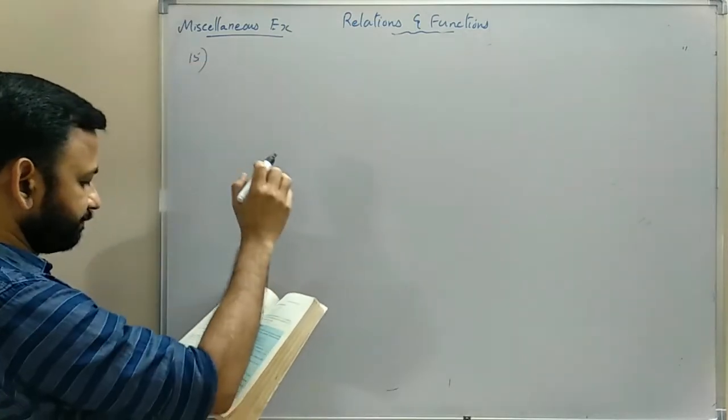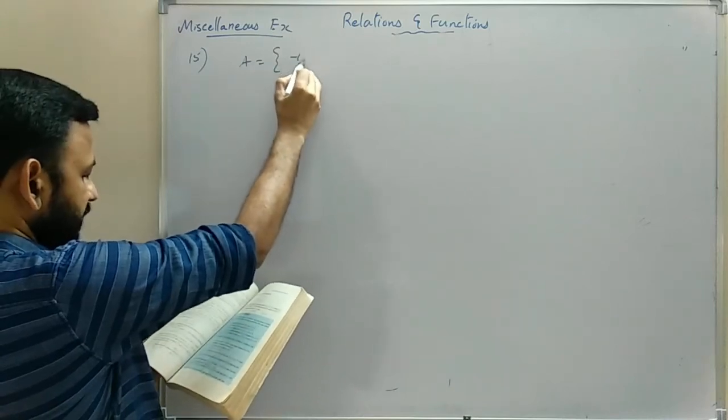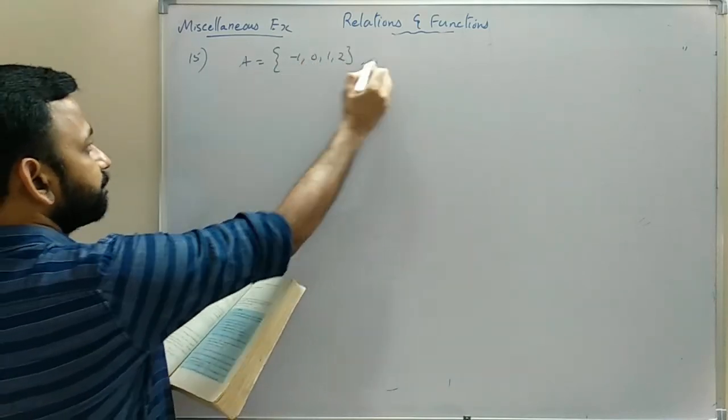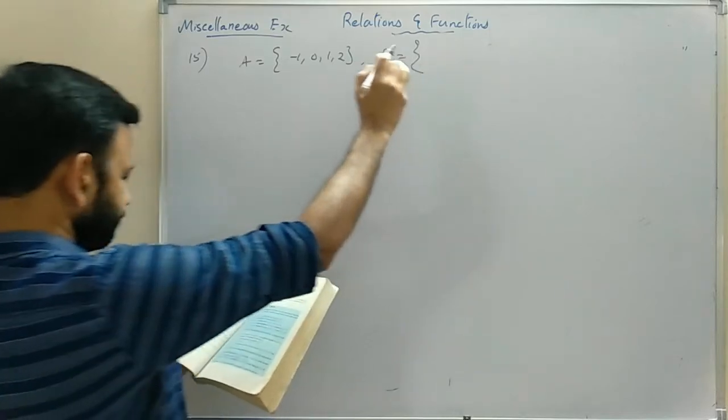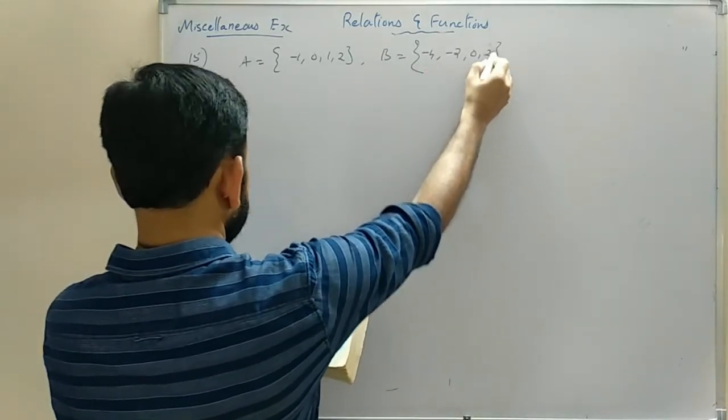Question number 15. A is given, A is equal to the set {-1, 0, 1, 2}. Then B is equal to {-4, -2, 0, 2}.